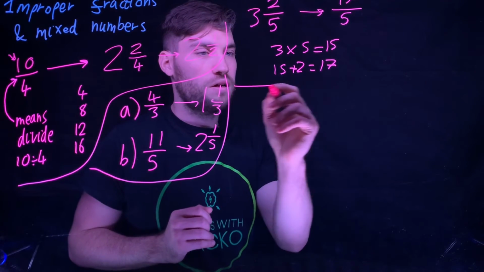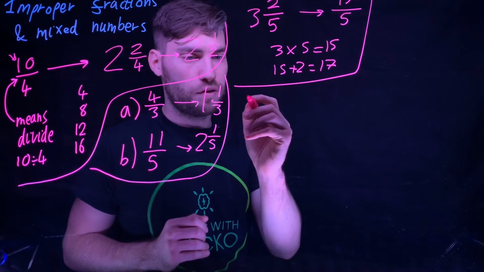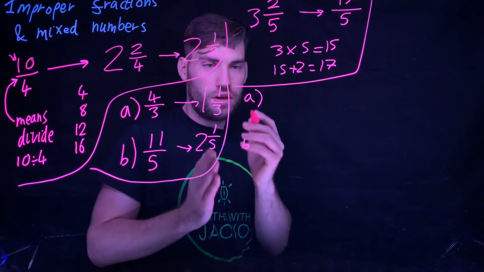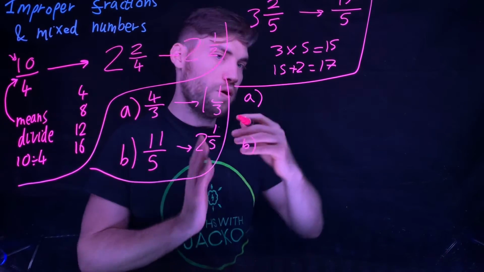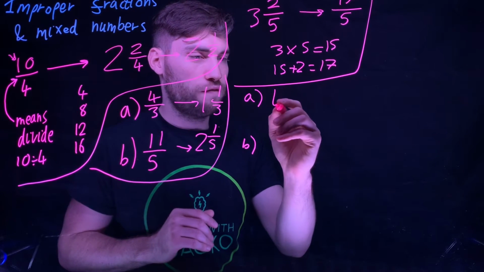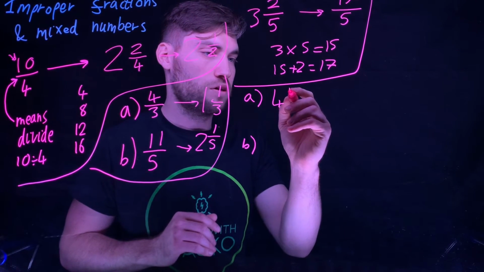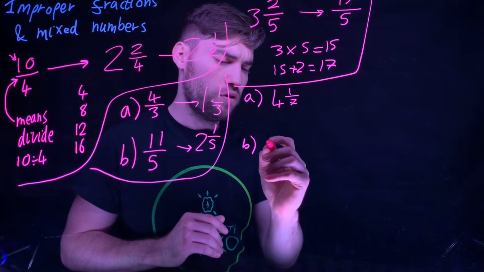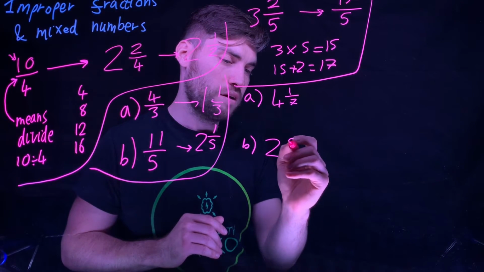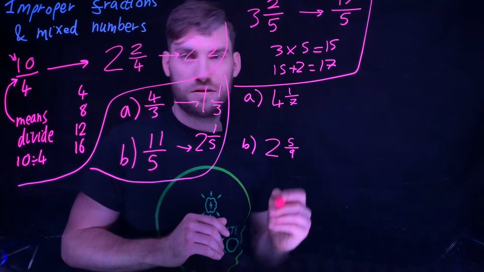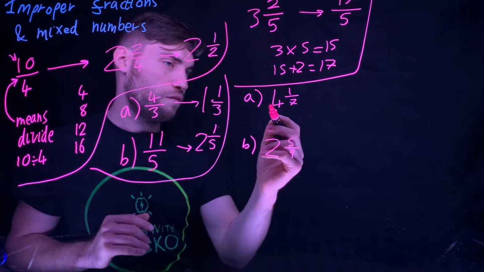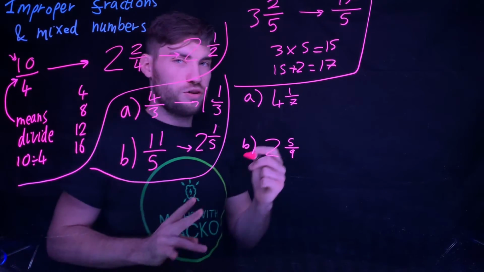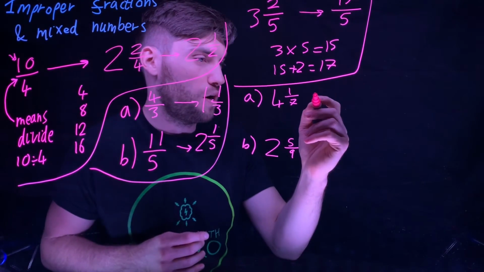Right, use that as a bit of an example. Now have a go at these 2. You've got A and B. Let's convert these mixed numbers to improper fractions. Let's go 4 and 1 seventh. And then we'll have 2 and 5 ninths. Okay, so pause the video, convert those mixed numbers to improper fractions. Okay, so you should have paused it. Let's see what answer you got.